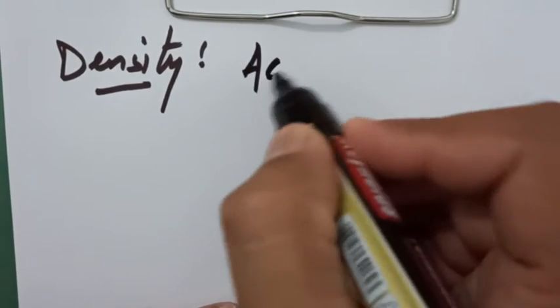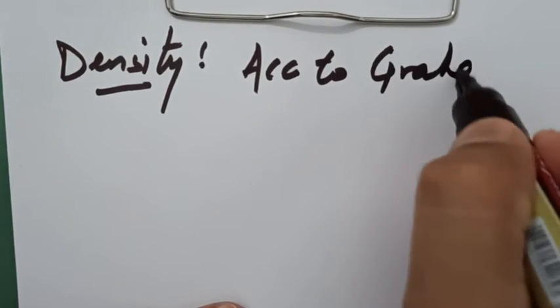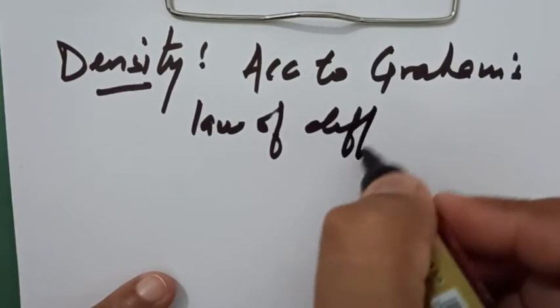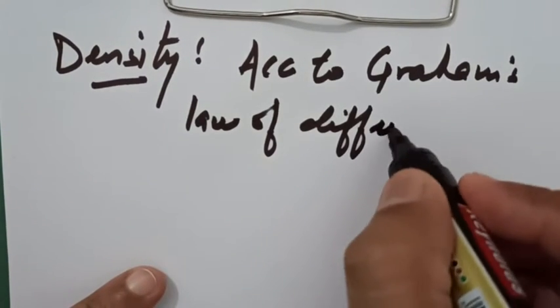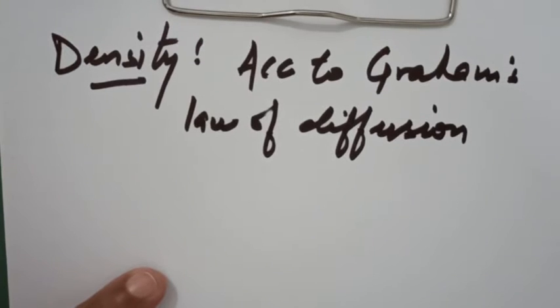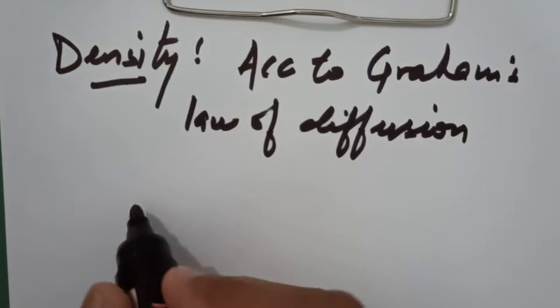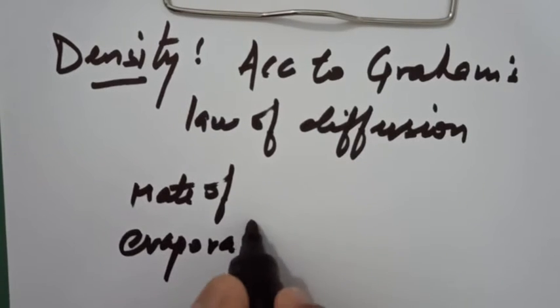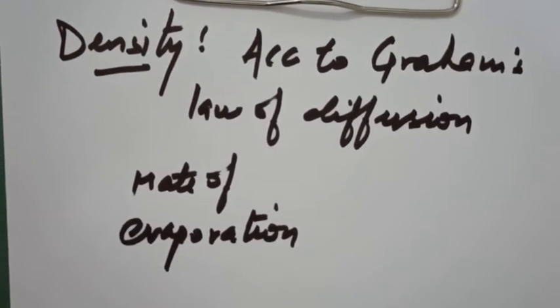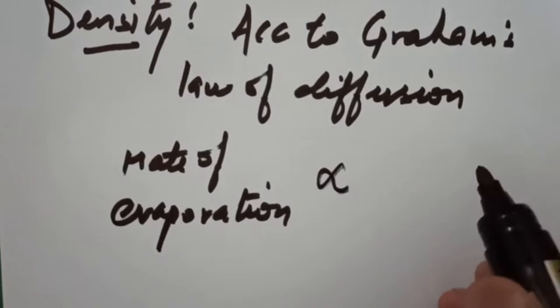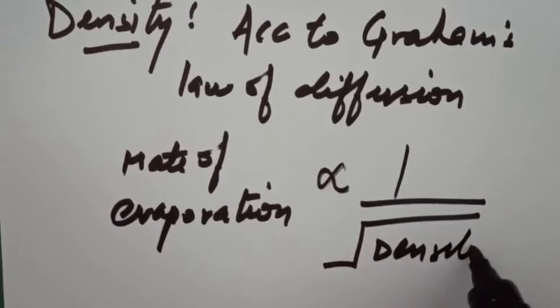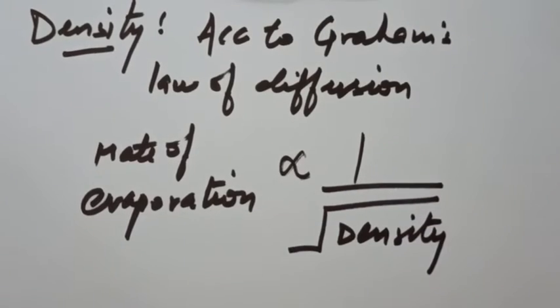According to Graham's law of diffusion, the rate of evaporation is inversely proportional to the square root of density.